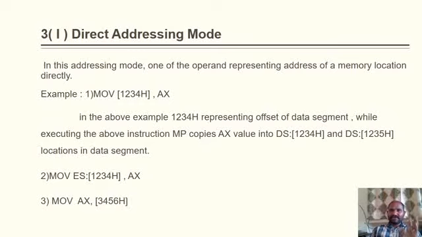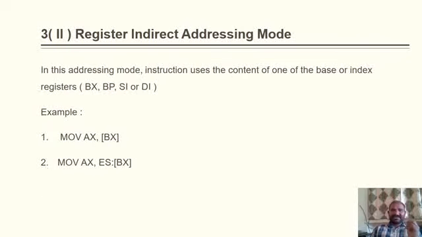If it is a numerical value without square brackets, then it is a constant, not an address. In the register indirect addressing mode, we take the content of a register as the address. Those registers are the base registers as well as the index registers.